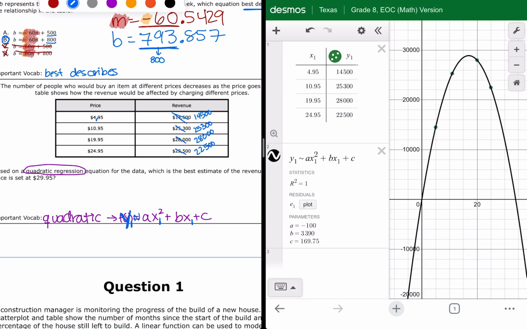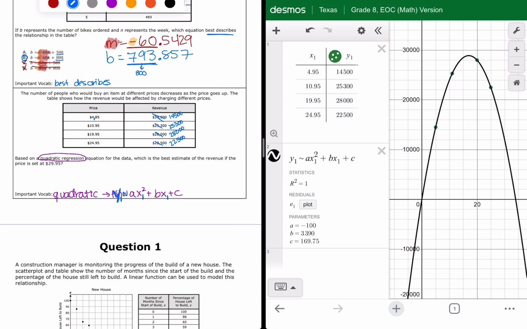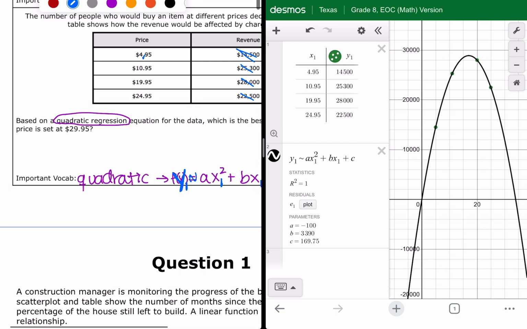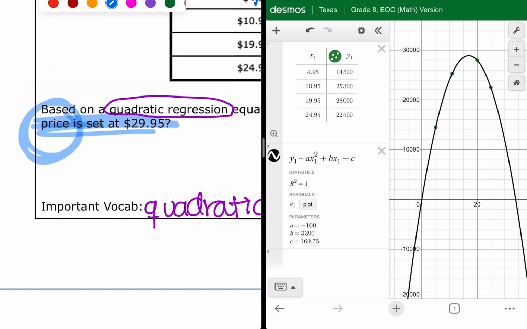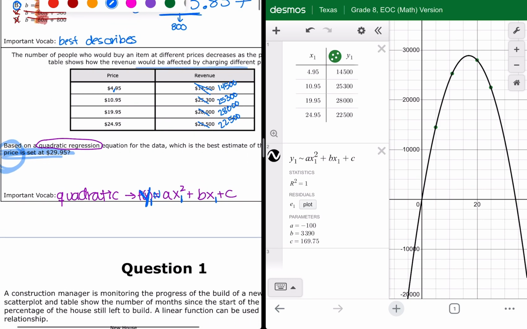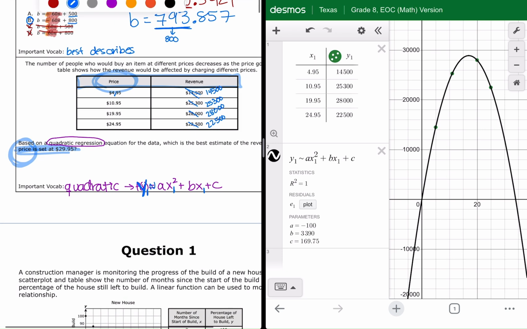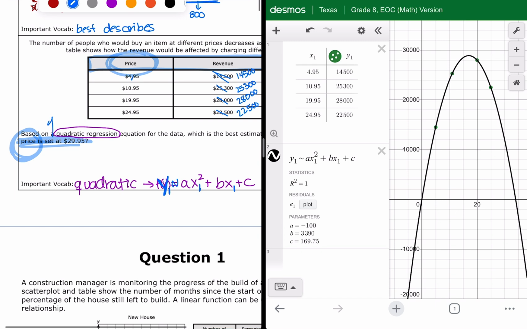This is good. But it doesn't tell me to write an equation. It doesn't tell me to do anything. It just gives me another number. It says right here, the price is set at $29.95. Price. When I look at the word price, this is super important. If I look back at the table with the words on it, I see price is my X value. So this is going to help me. I'm going to write this as X equals 29.95.